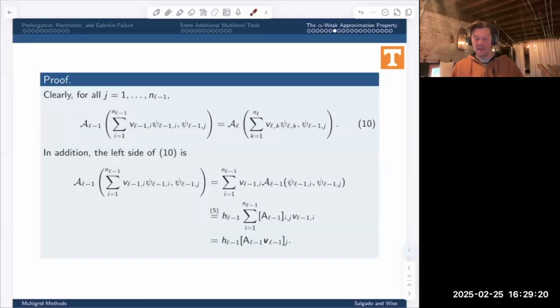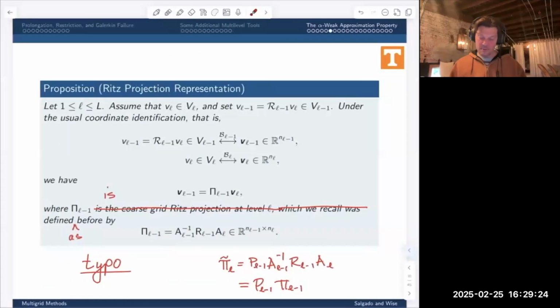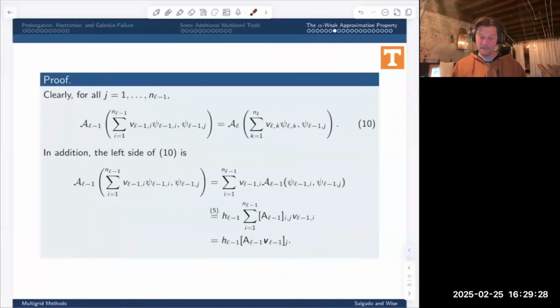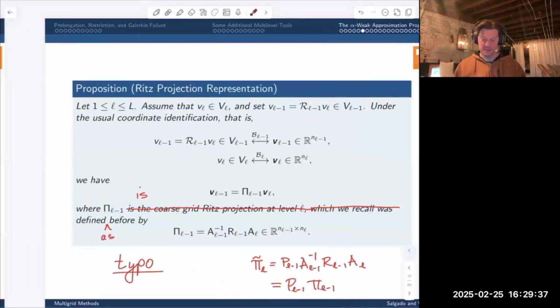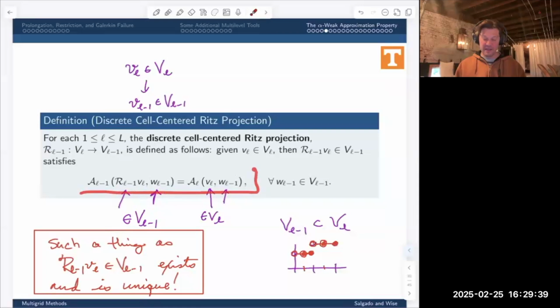And if we have this identification with the given vector VL, then this is going to be the basis representation of that function.